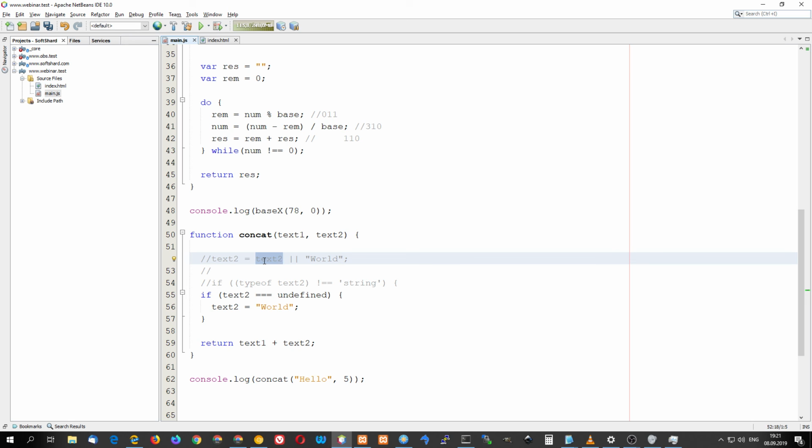It says if text2 evaluates to false, if it's a so-called false value, which is false, undefined, null, number 0, empty string. So it may fail, so you really have to know what you are actually doing. But it is a way how to do it.